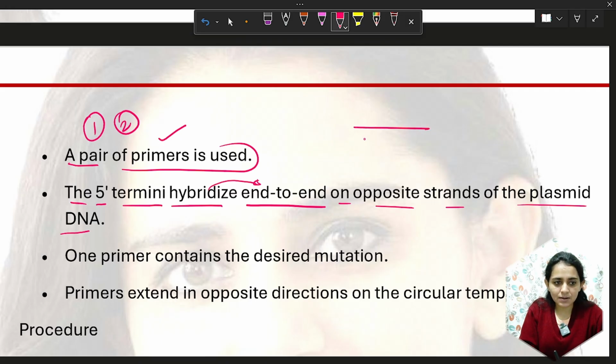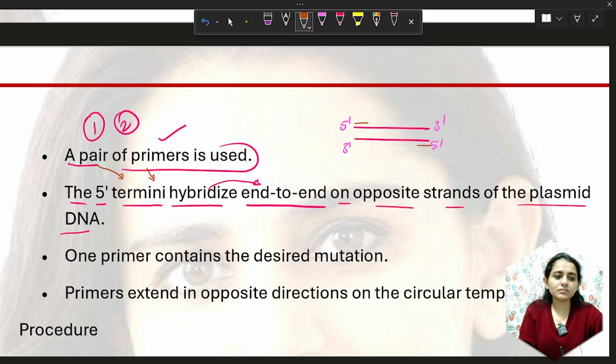So this is the plasmid DNA, and here this is the 5' end and this is the 5' end of the second strand, this is 3' and this is 3' of the other strand. Now it is saying this primer will be hybridized here at the 5' end.